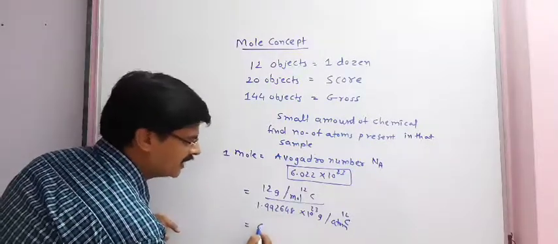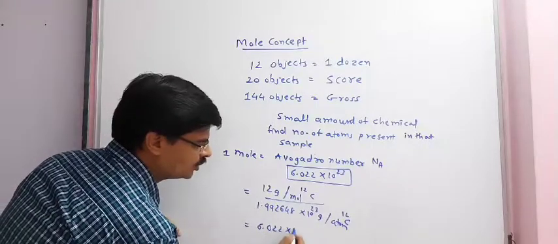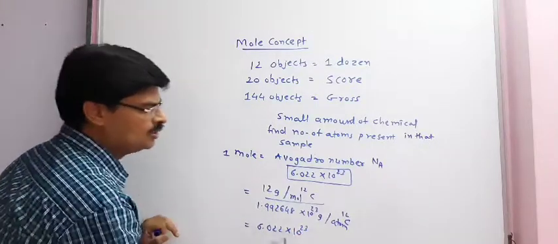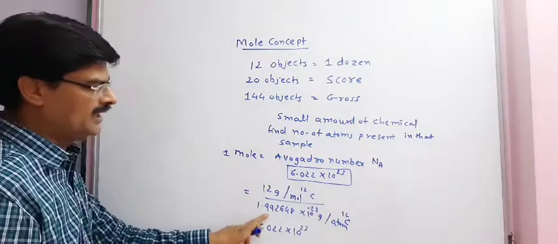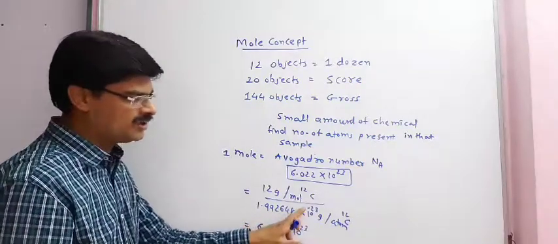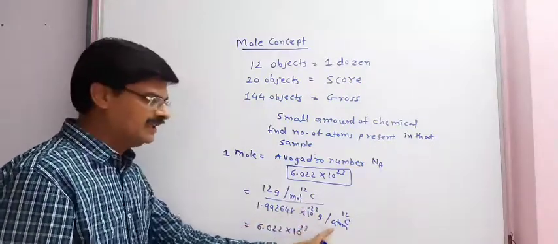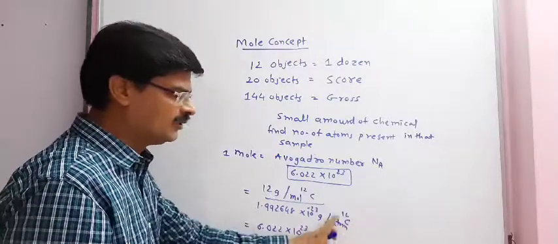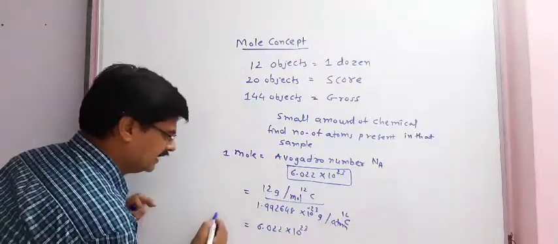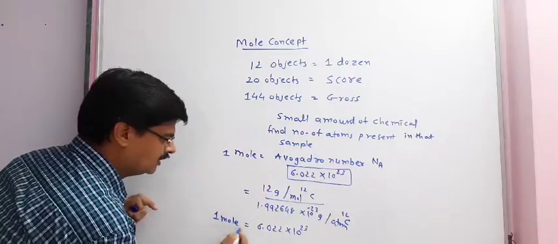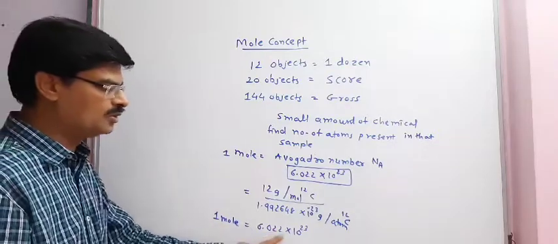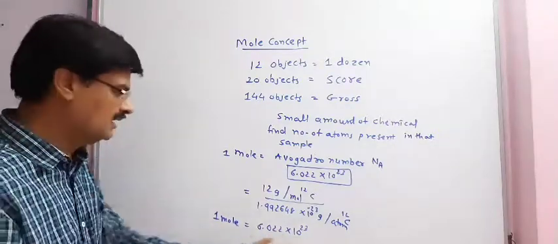On division, we get 6.022 into 10 raised to 23. So 1 mole is equal to 6.022 into 10 raised to 23.